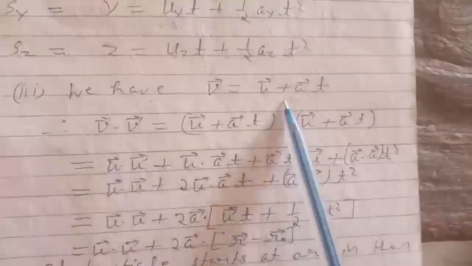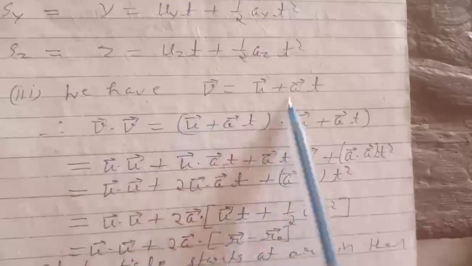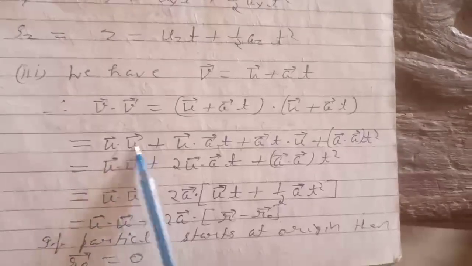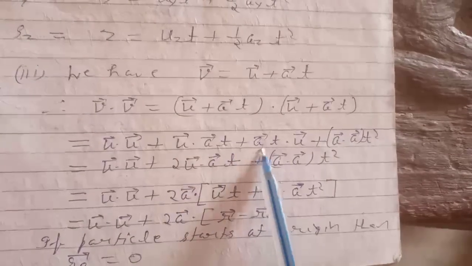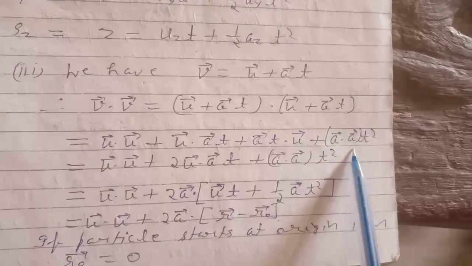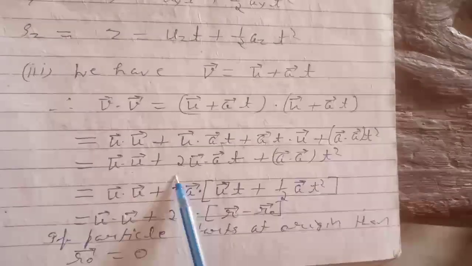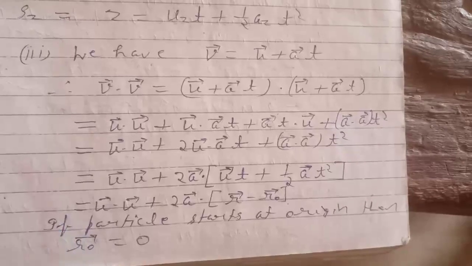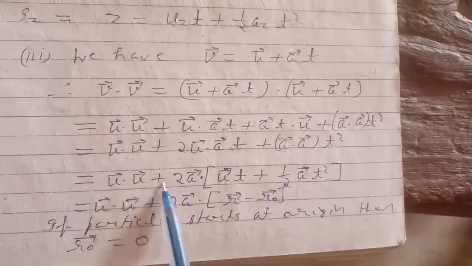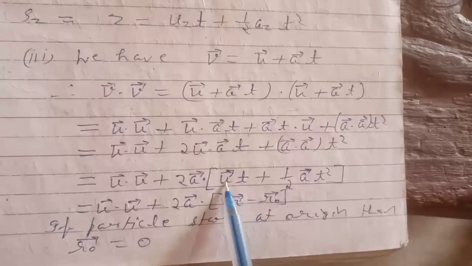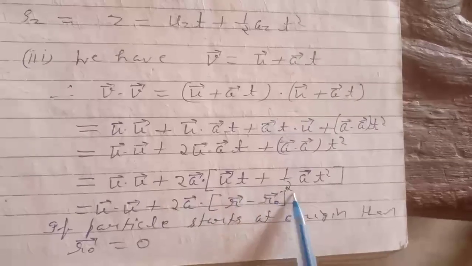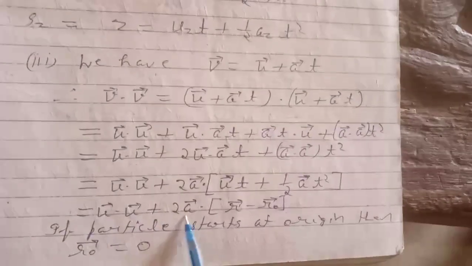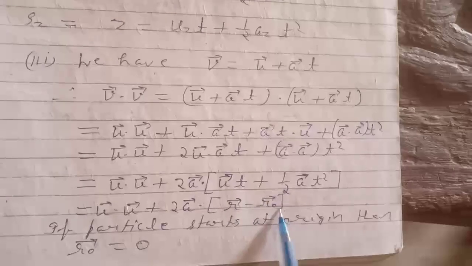Third, we have v vector equals u vector plus a vector into t, or v vector dot v vector equals (u vector plus a vector t) dot (u vector plus a vector t), which equals u vector dot u vector plus u vector dot a vector t plus a vector t dot u vector plus a vector dot a vector t square, or u vector dot u vector plus 2 u vector dot a vector t plus a vector dot a vector t square, or u vector dot u vector plus 2 a vector dot (u vector t plus half a vector t square), or u vector dot u vector plus 2 a vector dot (r vector minus r0 vector).